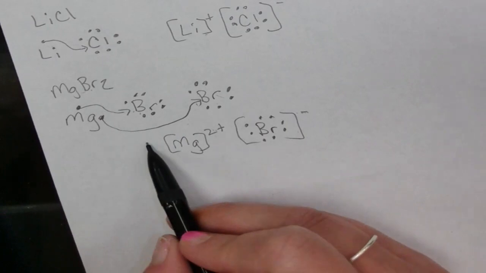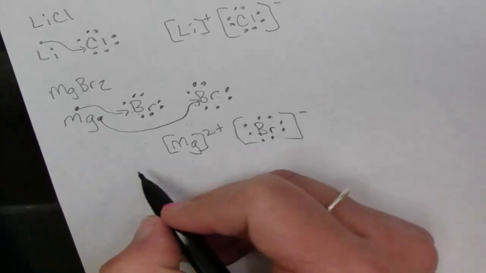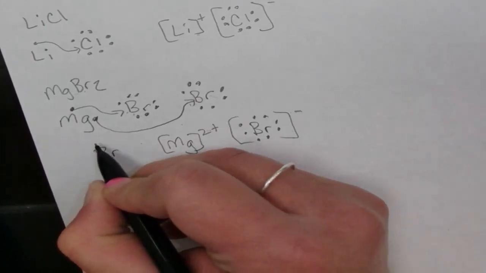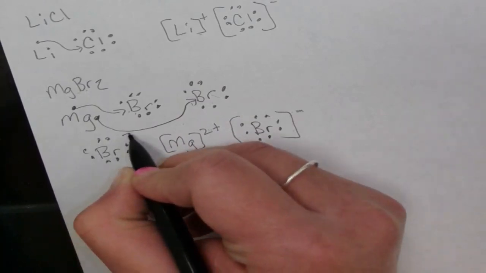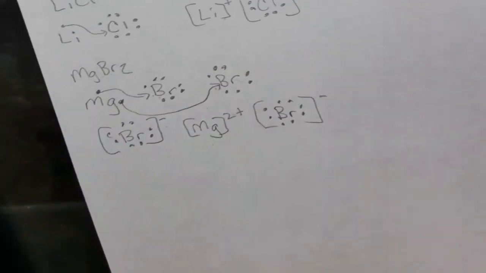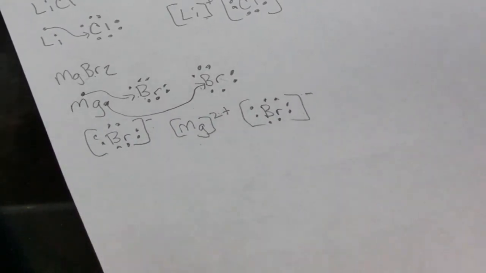We have to draw it somewhere, whether we put it on top, to the side, or down at the bottom. We need to show an attraction between a positive and a negative. So I'm just going to put my bromine to the left here. And there we have it. This is MgBr2.